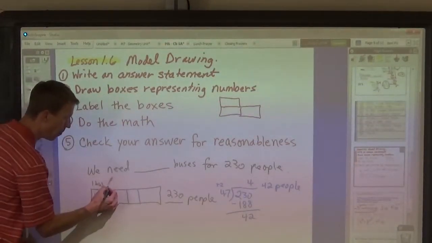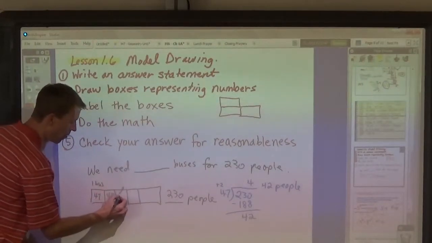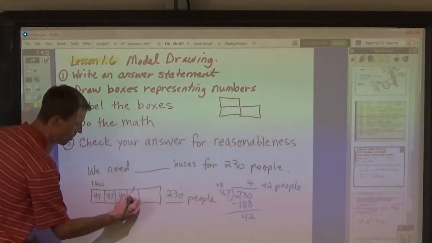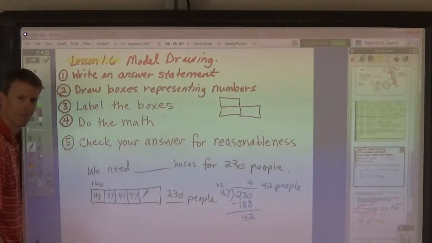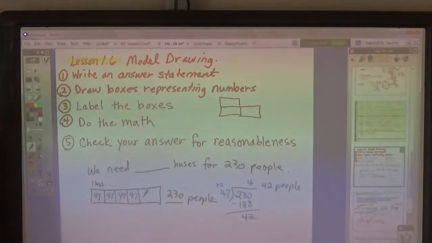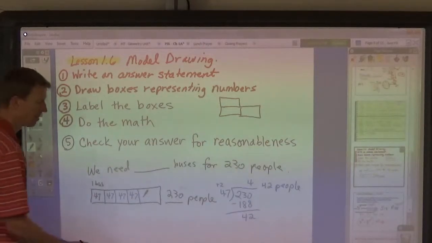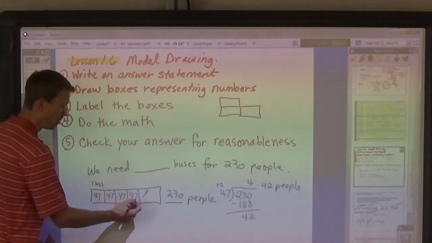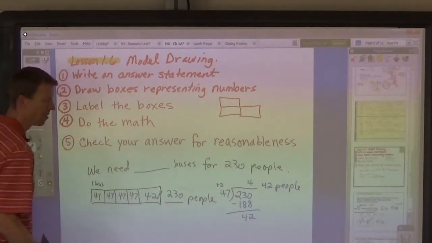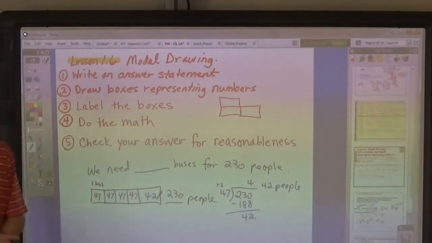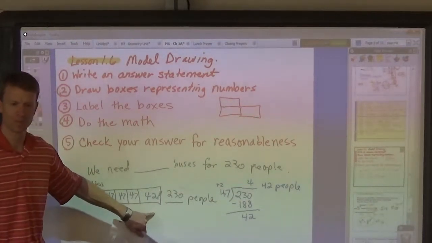So we have 4 buses, 47, 47, 47. So how many buses do you need? 4. How many buses to get everybody there? Do these 42 people get to go to the game?